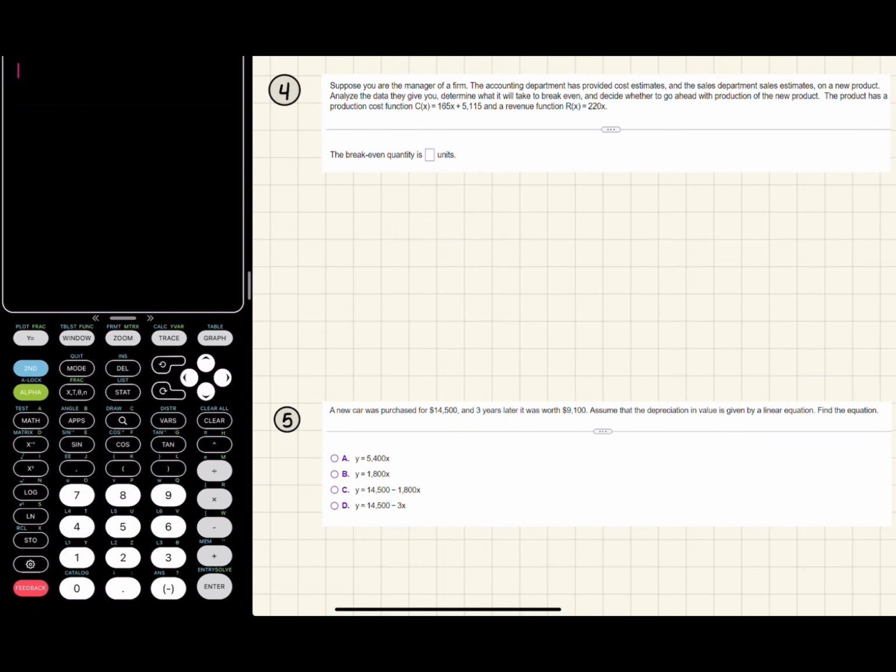Okay, this next problem is a cost versus revenue problem. It says you're a manager of a firm, and we're asked to determine the break-even point to decide whether to go ahead with production of the new product.